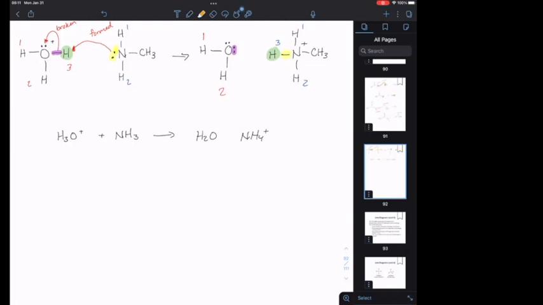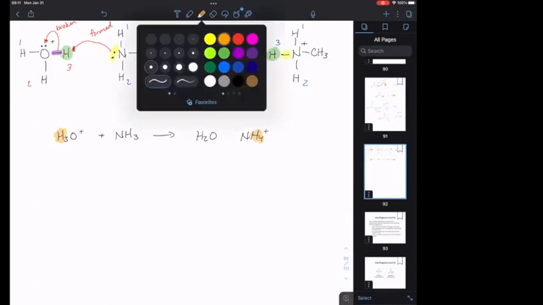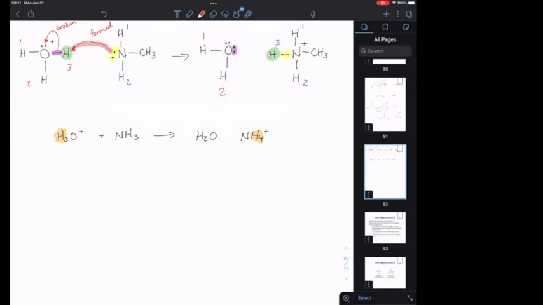So I have this hydrogen that's being transferred from this oxygen species over to this nitrogen species. All right, and that's exactly what my electron pushing arrows are showing. I have this one pair of electrons on the nitrogen that's reaching out and grabbing that proton, that hydrogen. This is going to create this new bond that's formed, right?